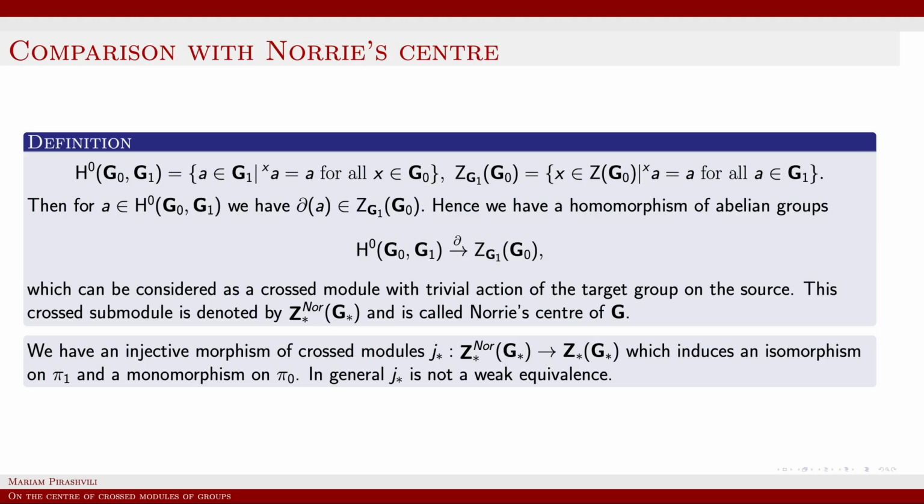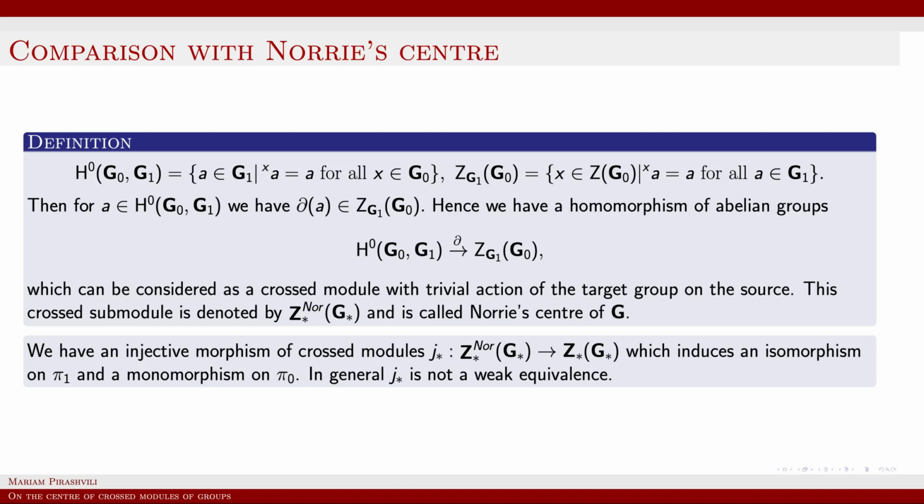So this is the center of the trivial action, and we can consider this as a crossed module where we think of the action to be trivial. And this is the definition of Norrie's center.